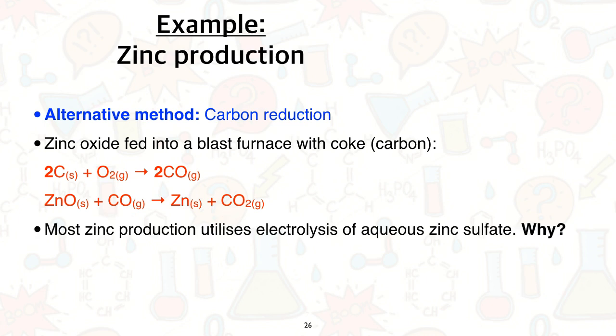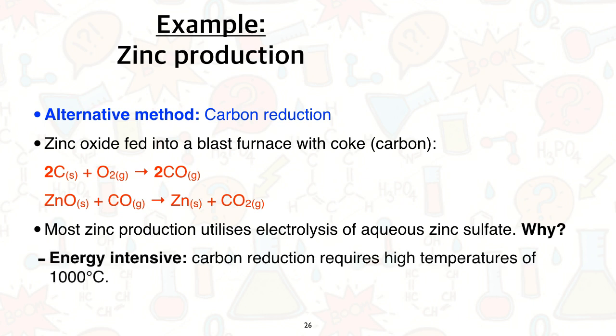And then I had this sort of question here. So most zinc production utilizes electrolysis of aqueous zinc sulfate. And I think it's over 90% of all zinc in the world is produced through electrolysis of a solution. Why is that? Well, firstly, needing an industrial furnace is quite energy intensive.